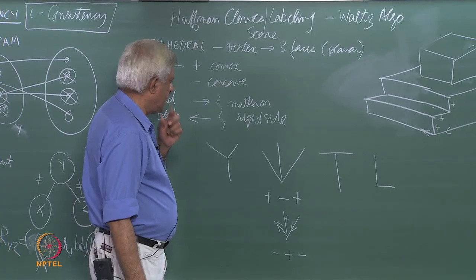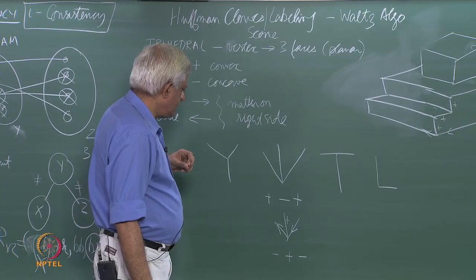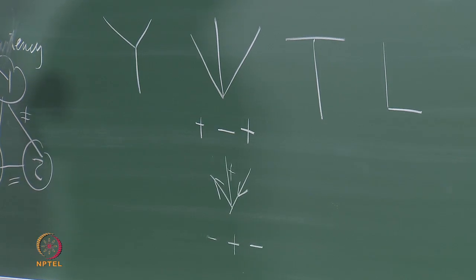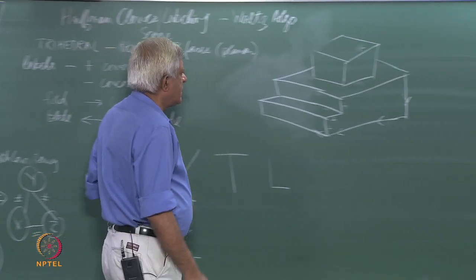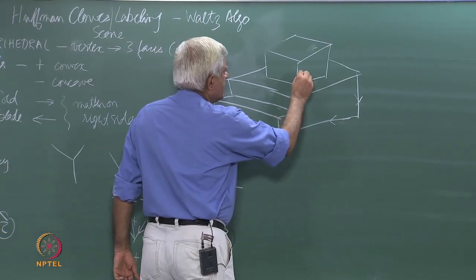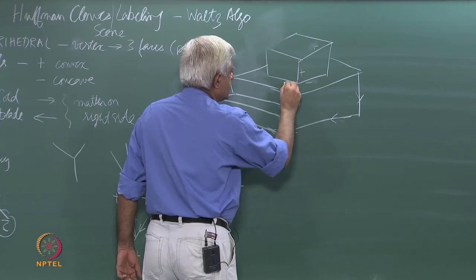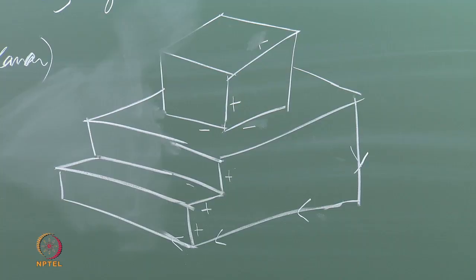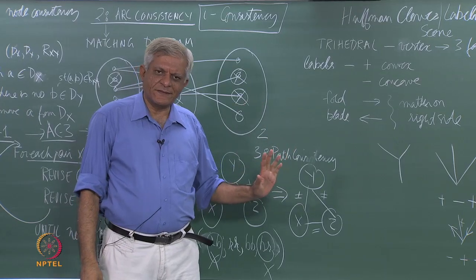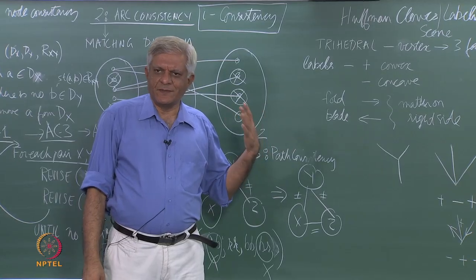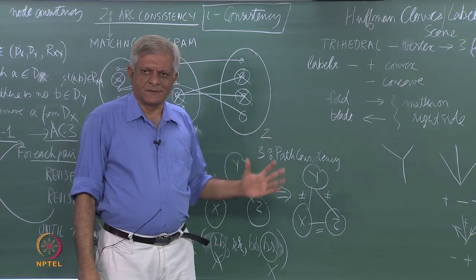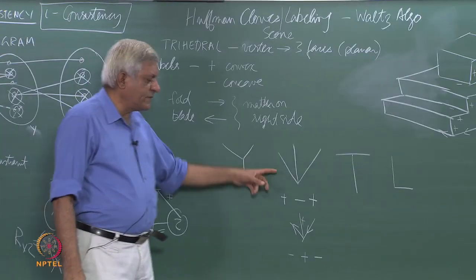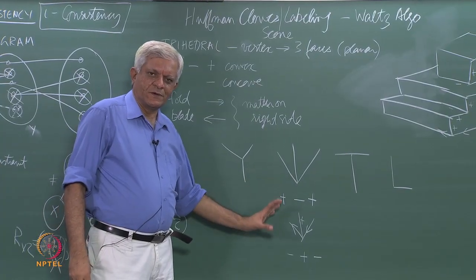Do we have an example? We have one here, this is plus, this is minus, and this is minus. Now, it turns out that for this W kind of vertex, these are the only 3 physically possible sets of labels. So, from 64 we have brought it down to 3.